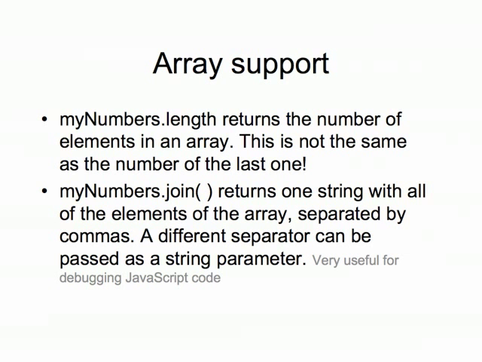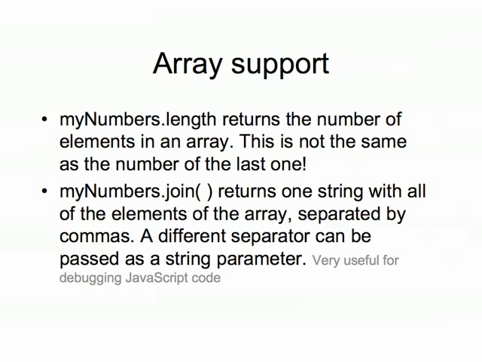So myNumbers.join returns one string with all of the elements in the array separated by commas. That doesn't have to be a comma if you don't want. You can actually pass in the separator as a parameter. This is very useful if you're working with arrays in JavaScript.